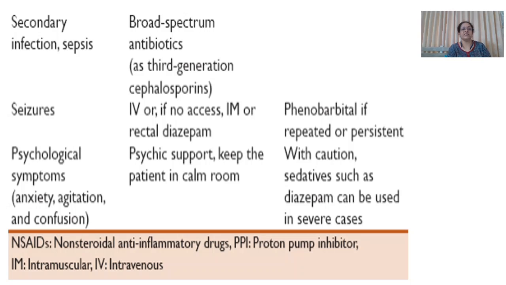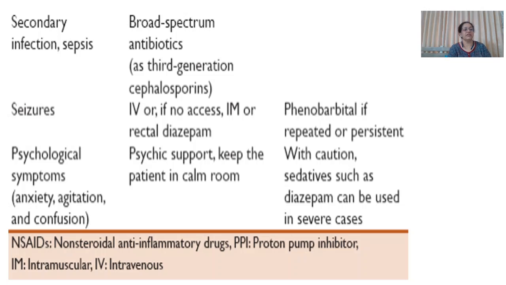When there are seizures, at that time, the requirement is of intravenous administration of certain drugs. In that, if there is a problem in intravenous administration of drugs, then intramuscular administration is the preferred route.